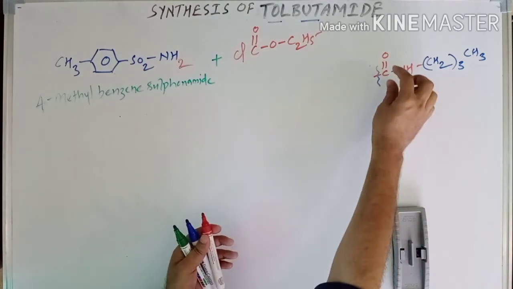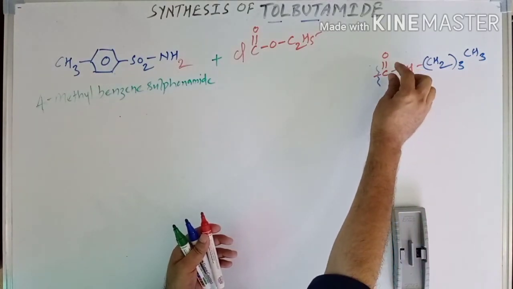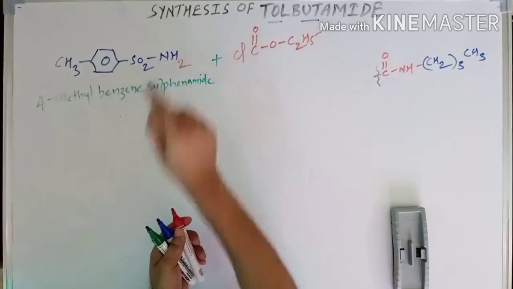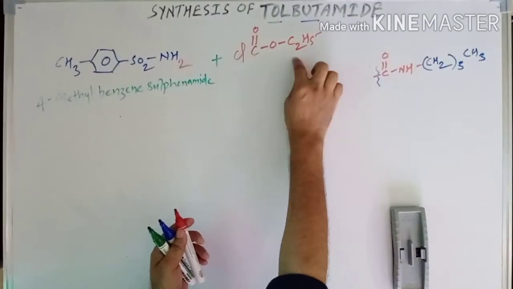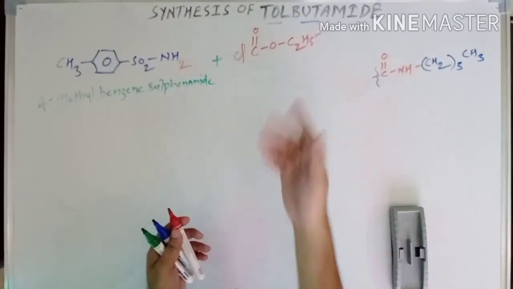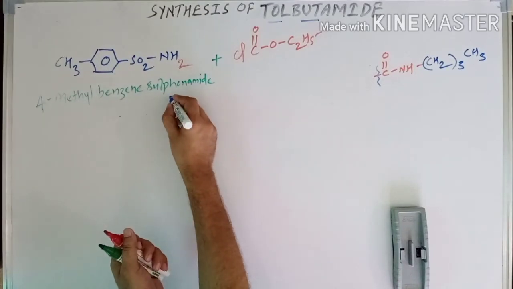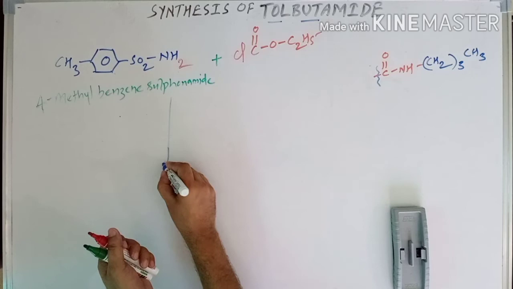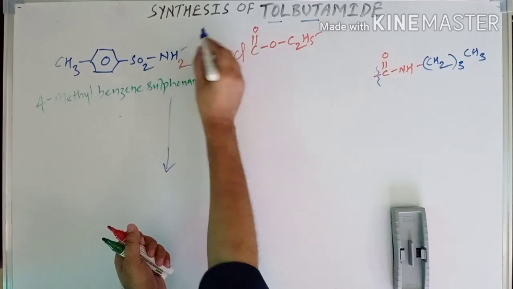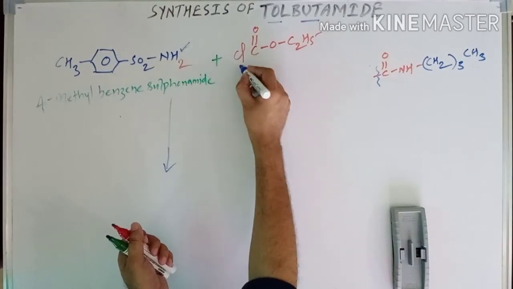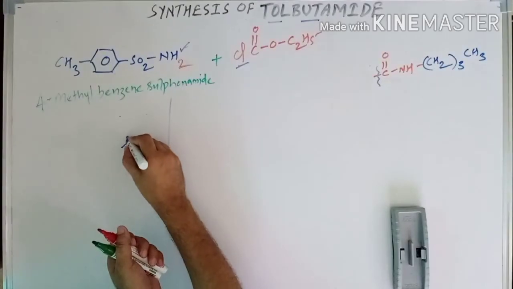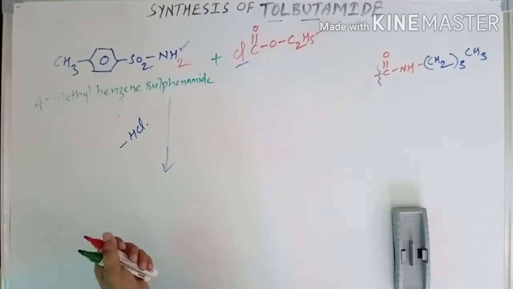So in order to place this carbonyl group into this structure, we need to add this reagent, and ethyl chloroformate is easily available in the laboratory. So what will happen over here? The hydrogen of the amine group and chlorine react with each other and form what? HCl.